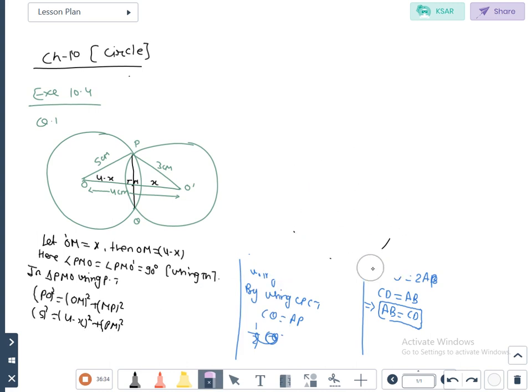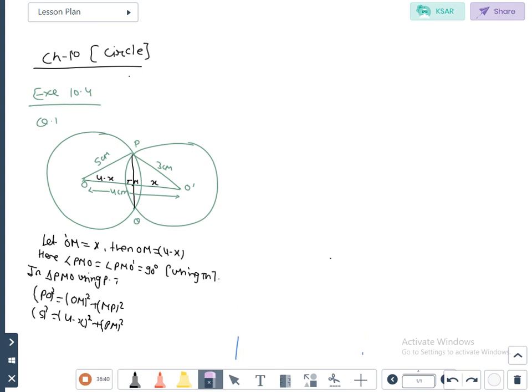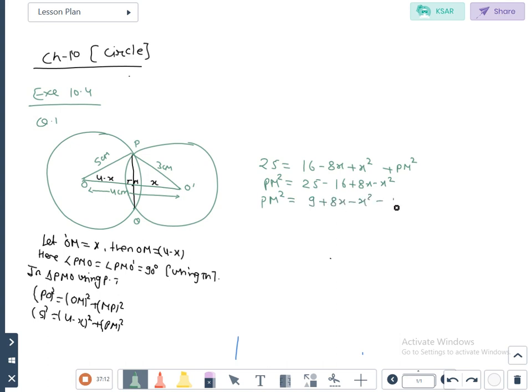We will use the identity (a minus b) whole square is a square minus 2ab plus b square. So 5 square is 25, equal to 16 minus 8x plus x square plus PM square. So what is the value of PM square? 25 minus 16 plus 8x minus x square. So the PM square value will be 9 plus 8x minus x square.